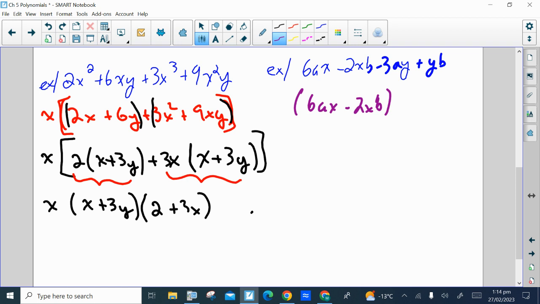But we always want a plus sign to be between the brackets, so I'm going to put a plus there, and then I'm going to copy the entire third term, the negative 3ay plus yb, down into my second set of brackets. We haven't changed anything. Remember, a plus sign in front of a bracket changes nothing. So if I remove the brackets, I will have exactly what I started with. And now we're going to take out a common factor out of that first set. What would that common factor be, Brock?